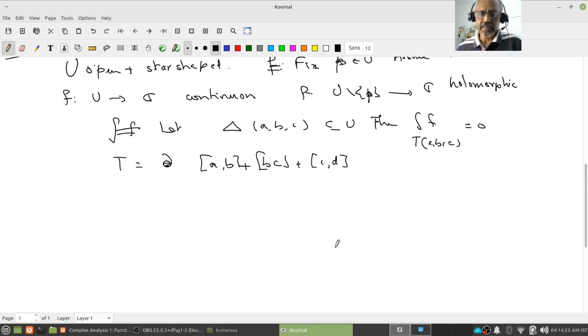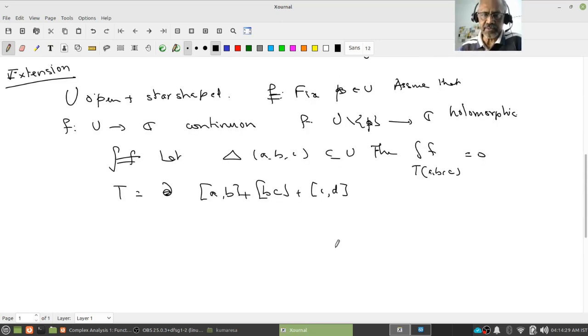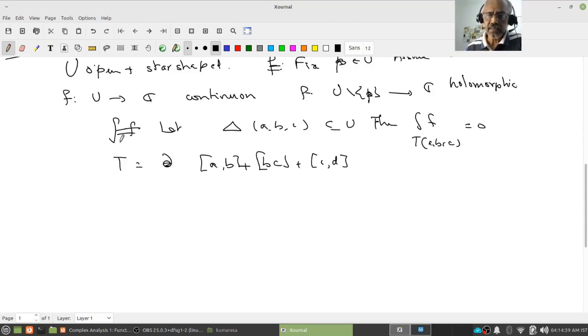You can see this is essentially a Cauchy Goursat kind of argument. Cauchy Goursat we proved if f is holomorphic on the entire star shaped domain. Now we don't want to do that. Let us try to see how to prove that.